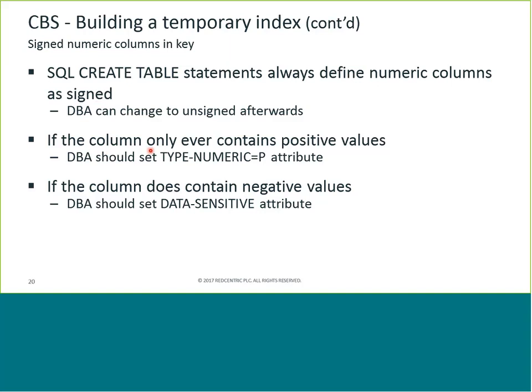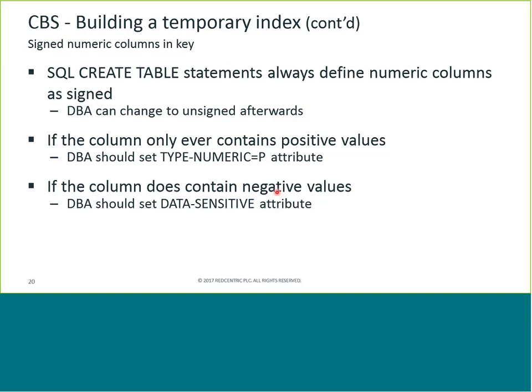If the column has to be signed for other reasons, perhaps it's loaded up from an external interface and we really want it to be a signed column within the database, but we know it can only ever have positive values, then again the DBA can update the type numeric attribute to P, which means positive only. And again, then Datacom won't build a temporary index for it because it knows it can never have negative values.